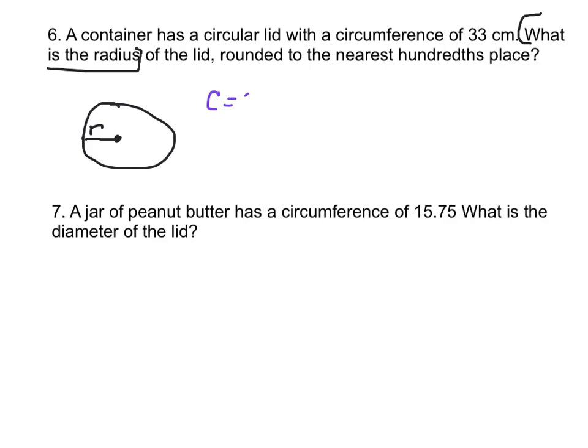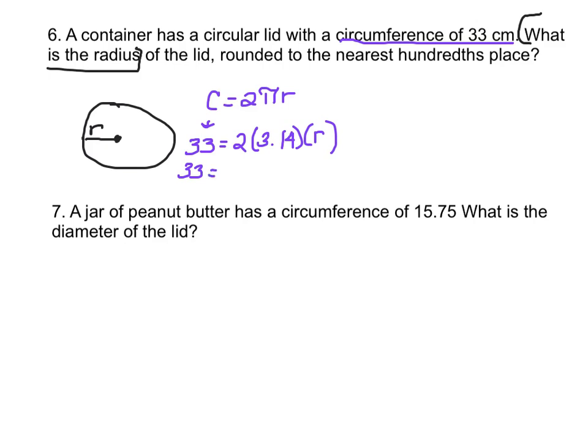C equals 2 pi r. Here, though, I'm actually given the circumference is 33. So instead of writing C, I plug in 33 for the circumference. 2 times 3.14 times r, because I don't know my radius.